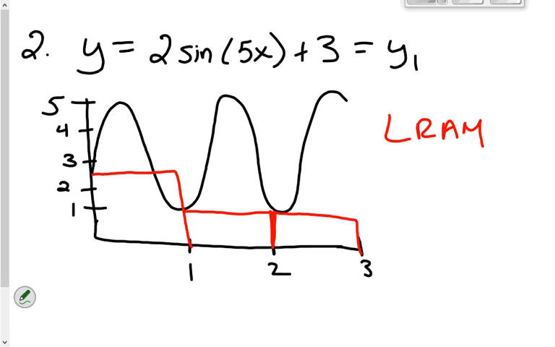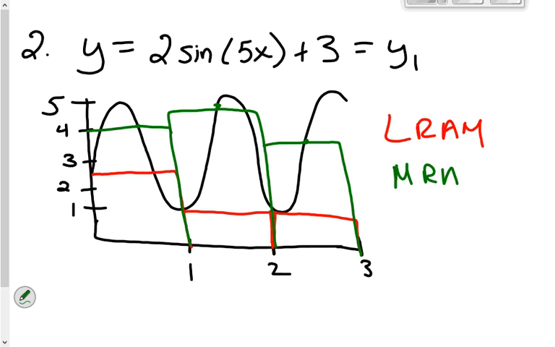But let's take MRAM. MRAM means I take the middle of my interval, and that's where I make my rectangle. Yours may be slightly different, depending on how accurately you sketched your curve.